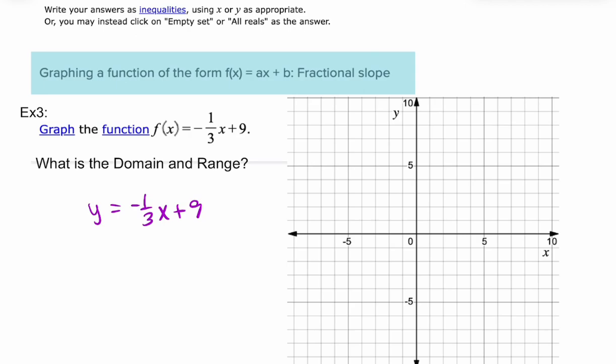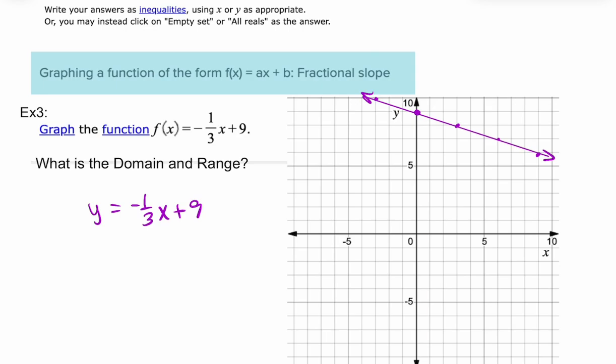So start here at 9, count down 1/3, down 1/3. I like to stretch it across my graph. It'll give me more of a sense of what my domain and range is going to be. And then make your linear equation.